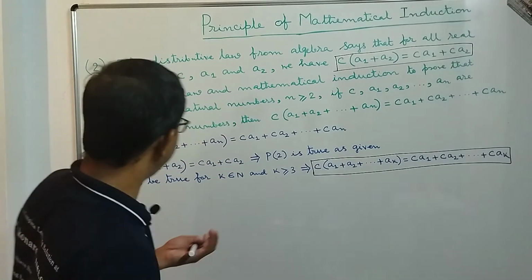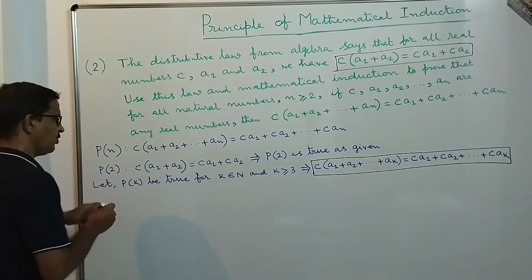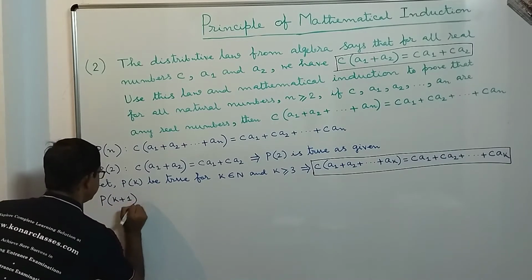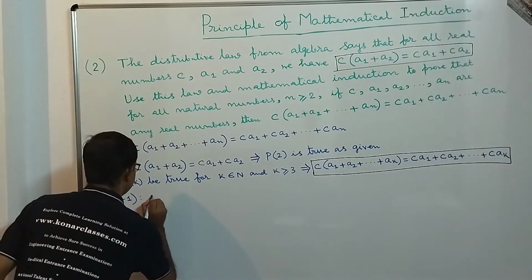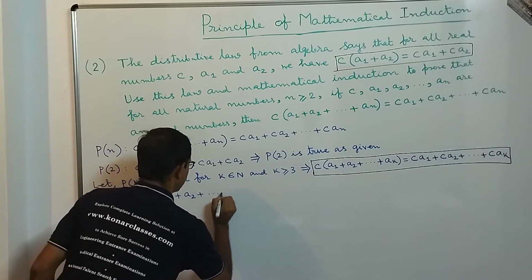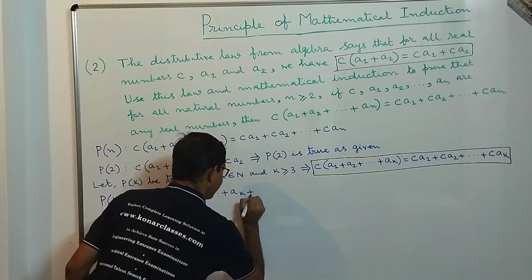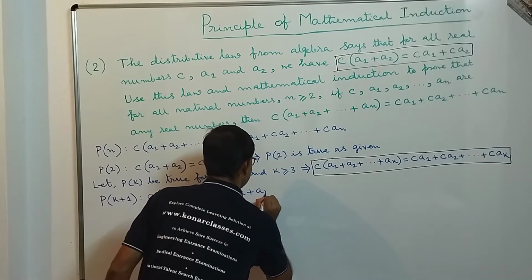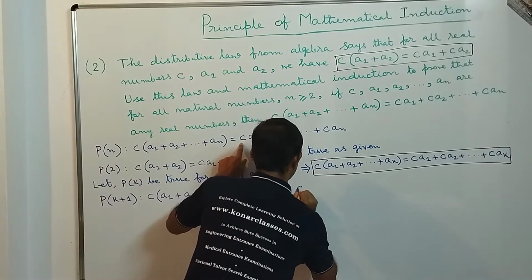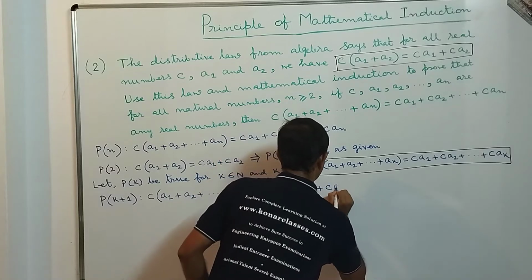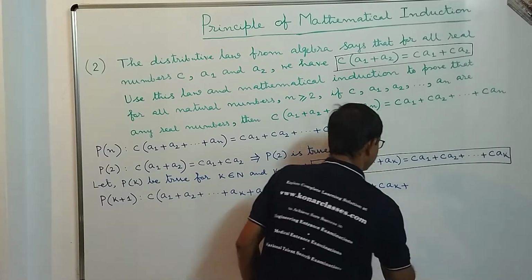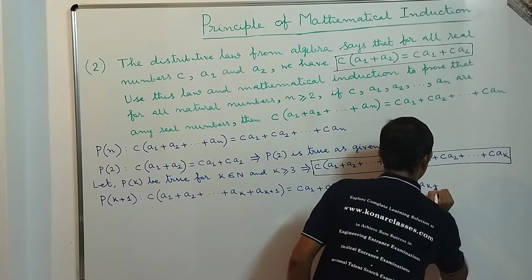From the definition of Pn, we can write Pk plus 1 as C into (A1 plus A2 plus ... plus Ak, then we add the k plus 1th term, A k plus 1), which is equal to C into A1 plus C into A2 plus ... up to C into Ak plus C into A k plus 1.